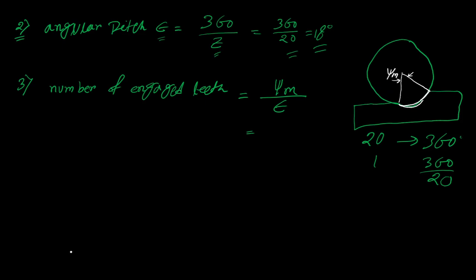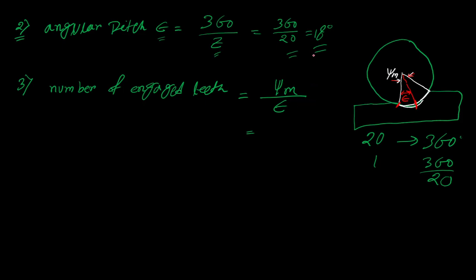Let's say one tooth is present here and another tooth is present here. Then this angle is my zeta. Are you getting my point? From here to here is my maximum engagement angle, and the angle between two teeth is this value.